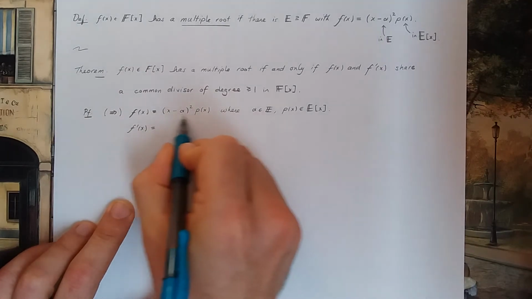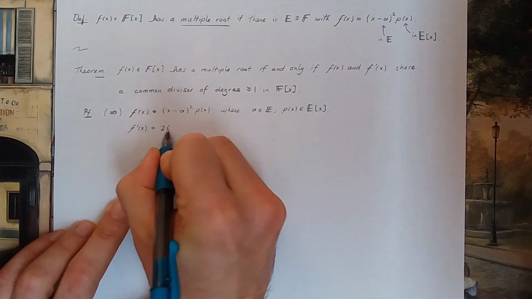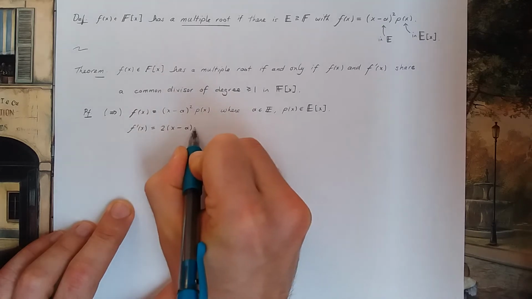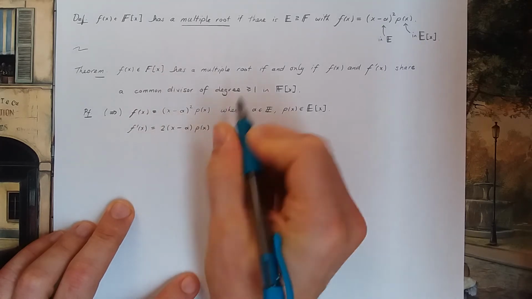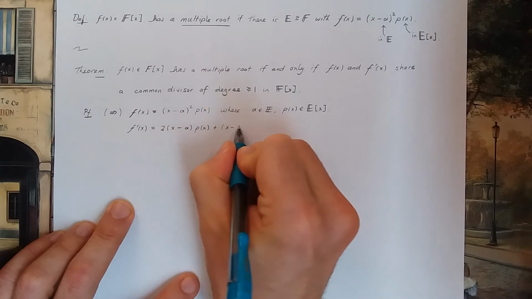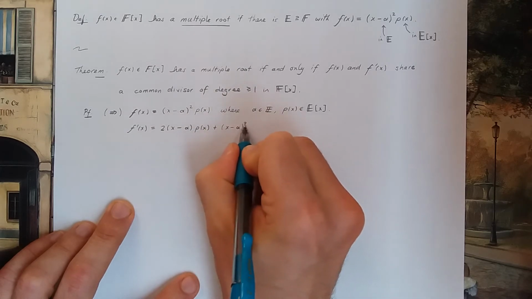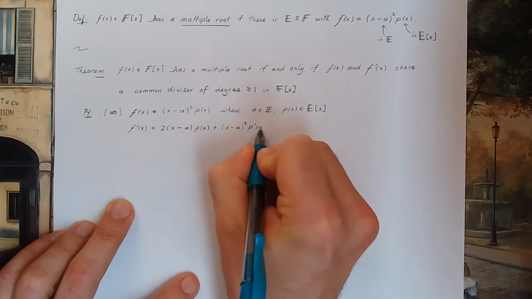That can be done using the product rule. So I get 2(x minus alpha) times p plus (x minus alpha) squared times p prime of x.